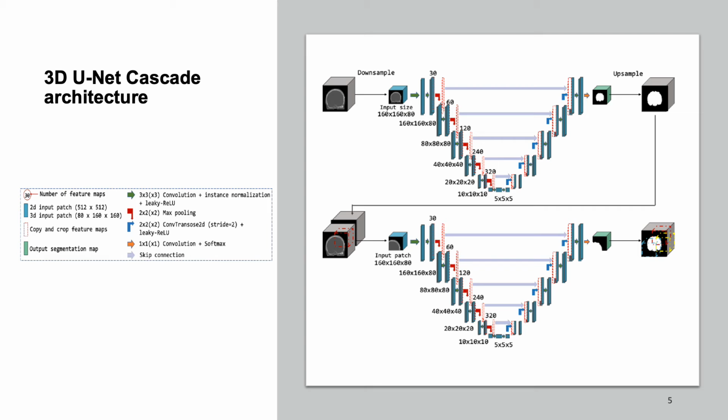The output segmentation of the 3D low-resolution network was upsampled to the original image size, and then stacked as an additional input channel on the original CT image for the 3D patch-based cascade U-Net.